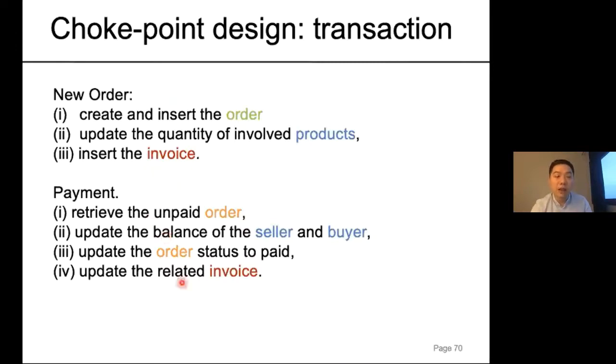And for the payment transaction, first retrieve the unpaid orders and update the balance of the seller and buyer, update the JSON order status to paid, and finally update the related invoice. So both transactions involve read and write operations on JSON files, tables, and XML data.